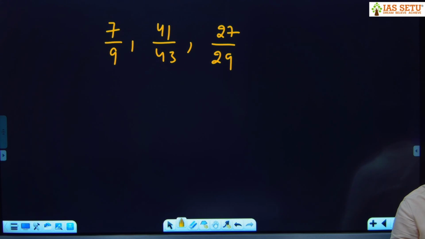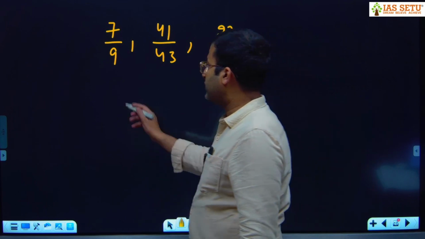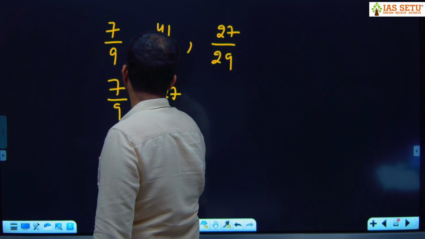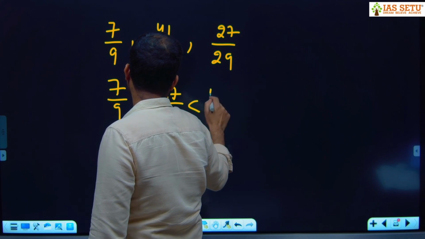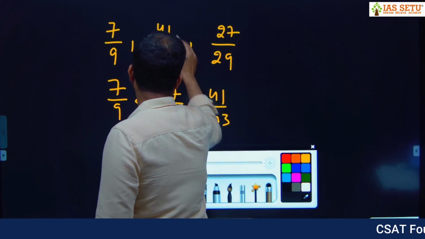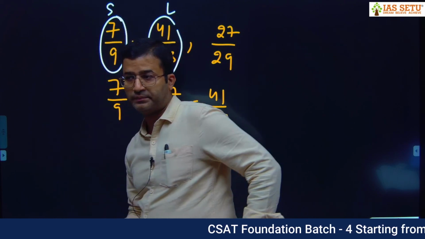Done. So here this 7 by 9 is smaller than 27 upon 29, smaller than 41 upon 43. So 41 upon 43 is the largest and this is the smallest. Fine.